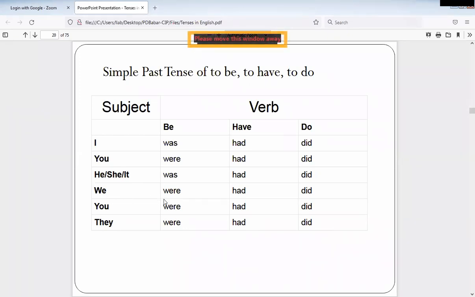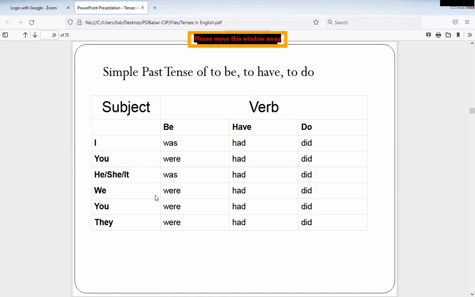In front of we, we are using were as the to be form of the verb, and we are not using was, because we means a plural subject, or plural of the pronoun.